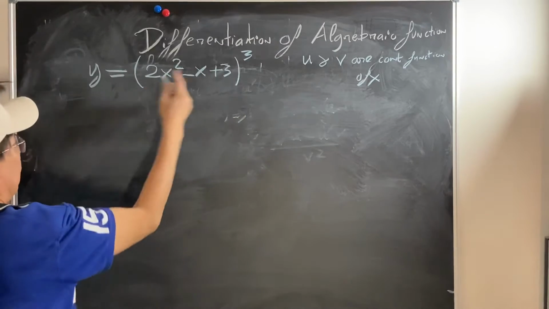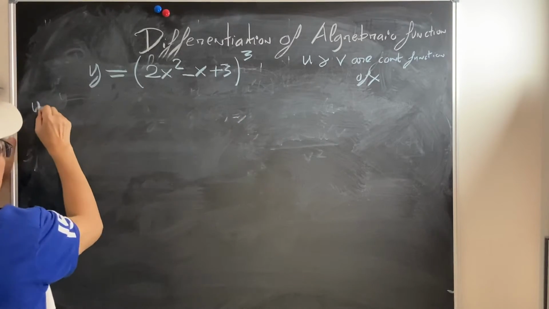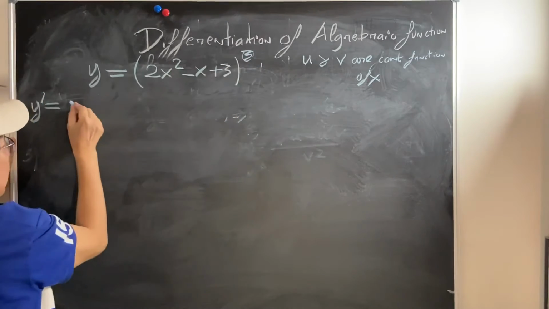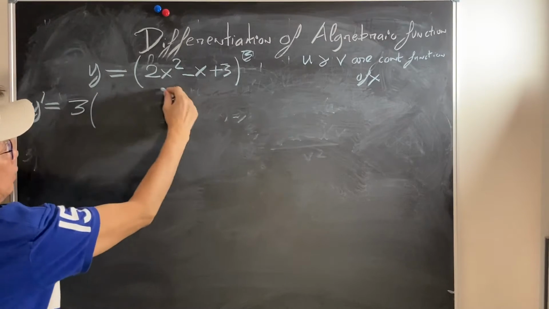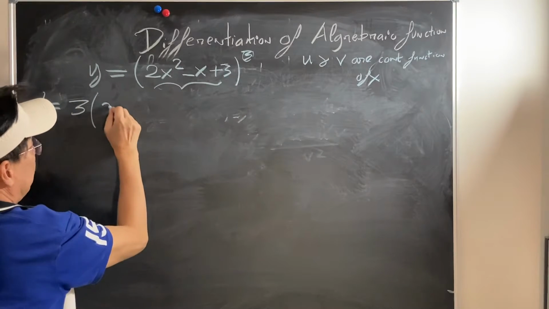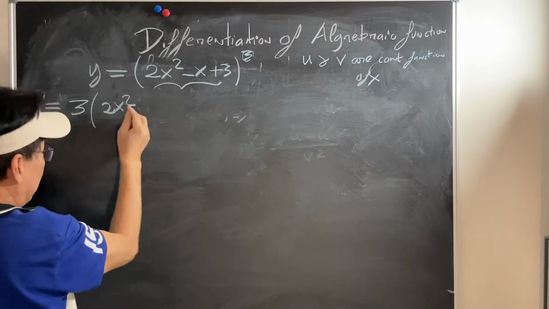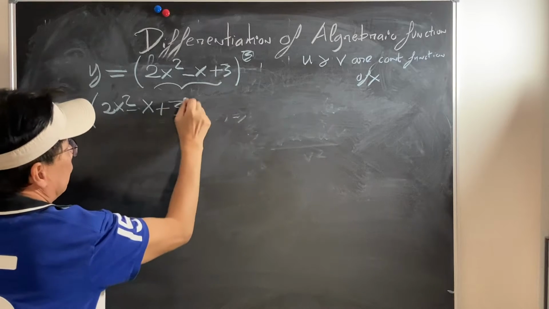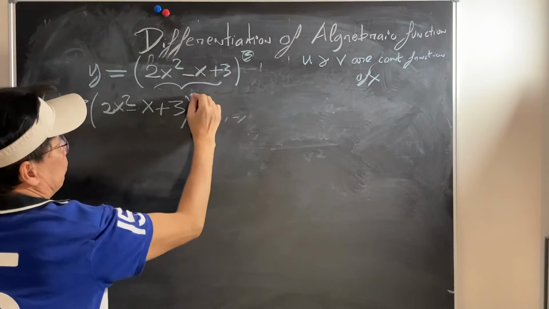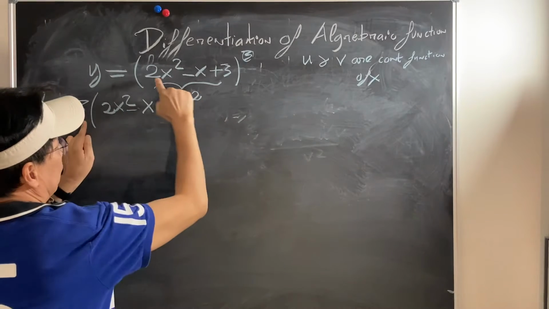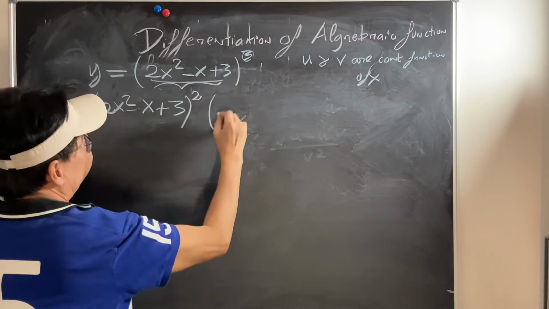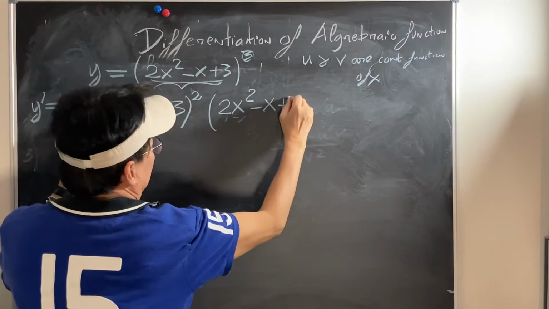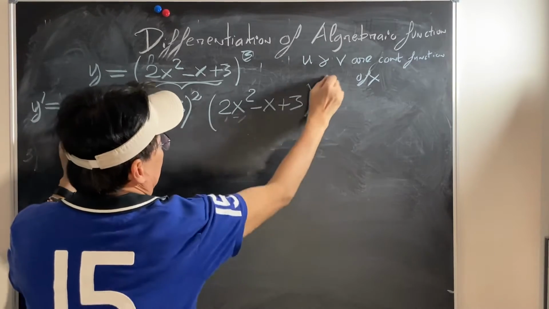Now this is the derivative: y prime will be equal to, you take down that 3, so you get 3 times this function, which just stays 2x squared minus x plus 3, and 3 minus 1 becomes 2, times the derivative of that function inside. So times the derivative of 2x squared minus x plus 3.